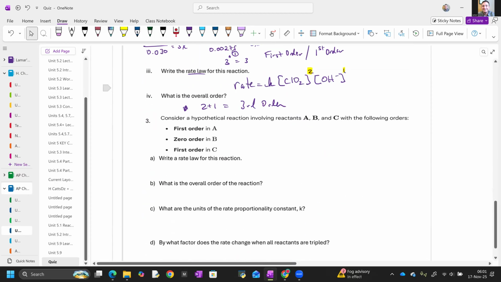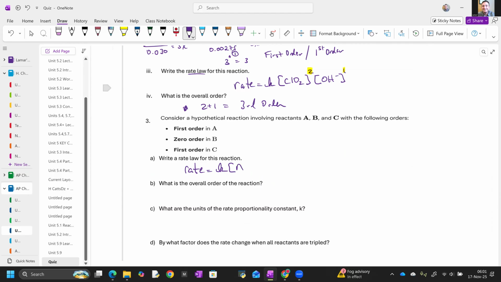All right, so we can write this as rate is equal to k, concentration of A, and put a 1, or you can not put a 1. You can put B to the 0, and you can put C to the 1.